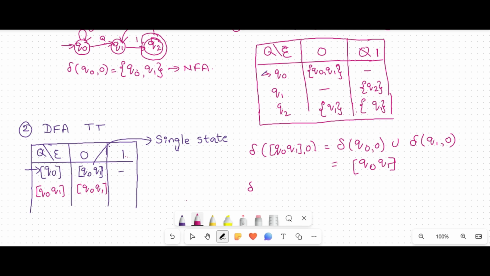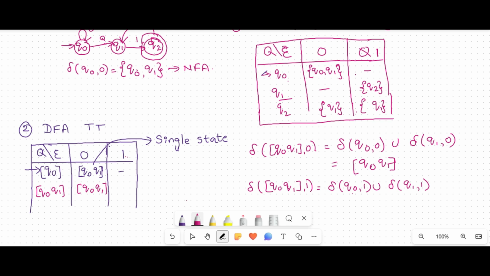Similarly, now Q0 Q1 with 1 input we have to find out. That is delta of Q0 with 1 union delta of Q1 with 1. Q0 with 1, there is no transition.